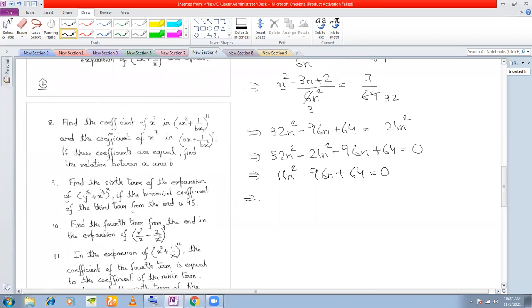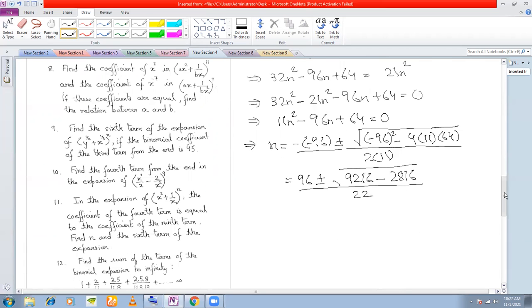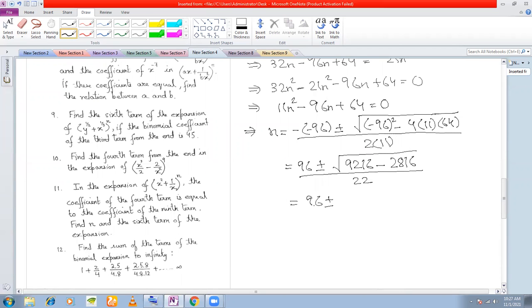Now you can solve this by Sridharacharya's formula. n is equal to minus of minus 96 plus or minus root of minus 96 square minus 4 into 11 into 64, divided by 2 into 11, which is equal to 96 plus or minus square root of 9216 minus 2816, divided by 22, which is equal to 96 plus or minus root 6400, divided by 22, which is equal to 96 plus or minus 80 divided by 22.